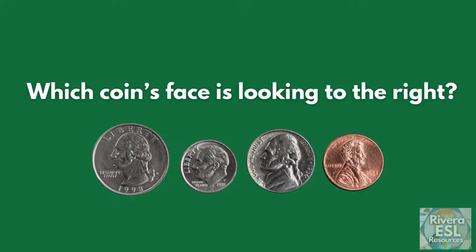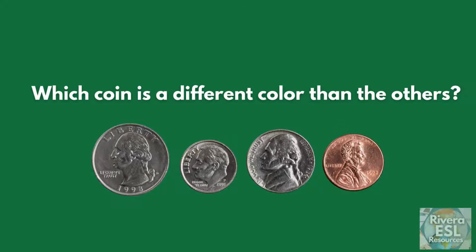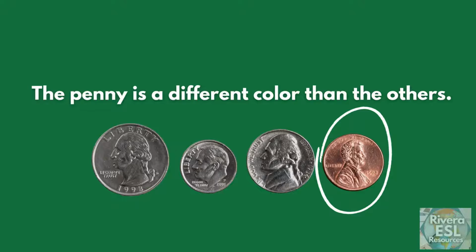Which coin's face is looking to the right? The face on the penny is looking to the right. Which coin is a different color than the others? The penny is a different color than the others.